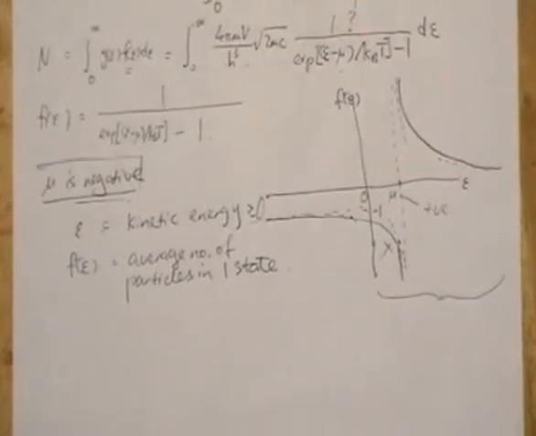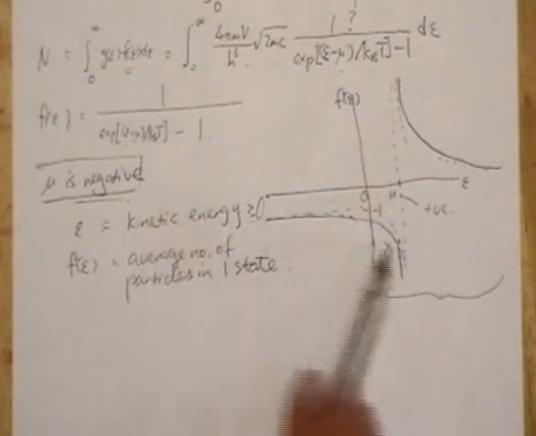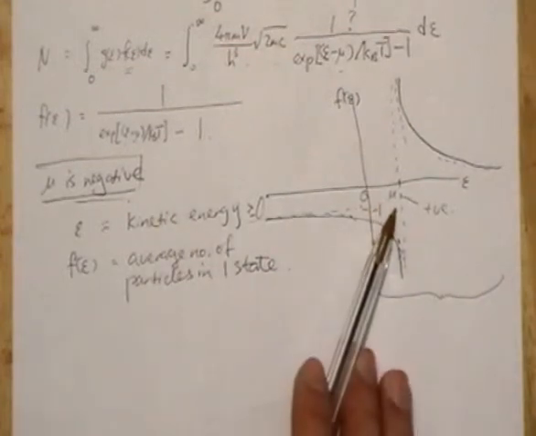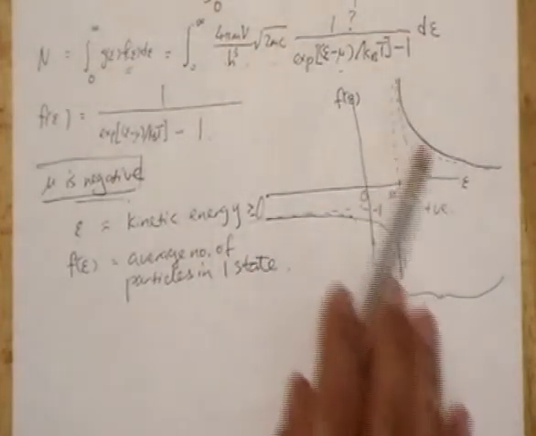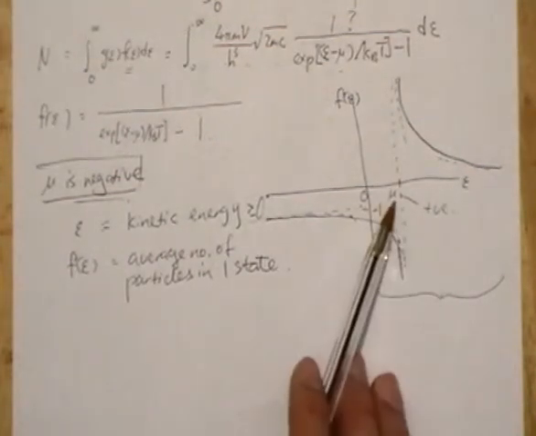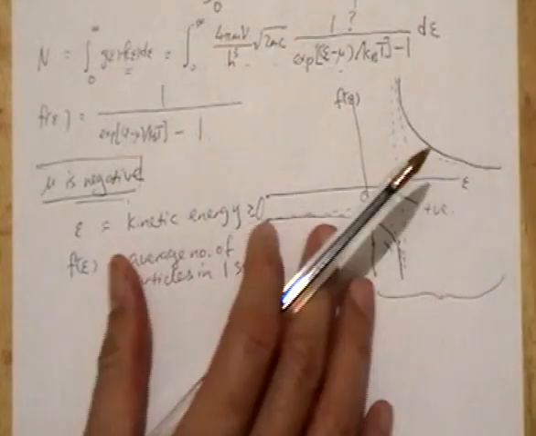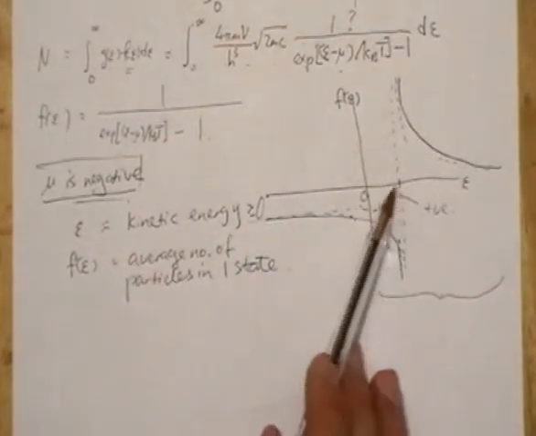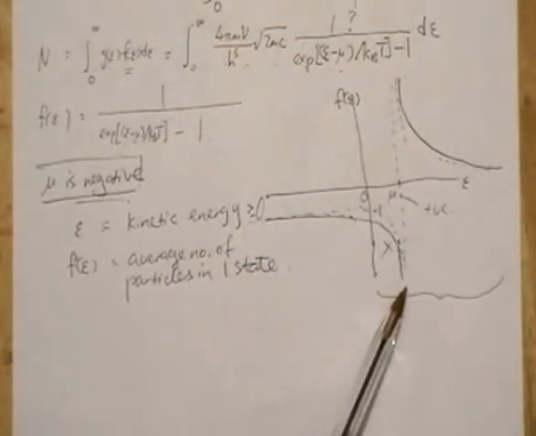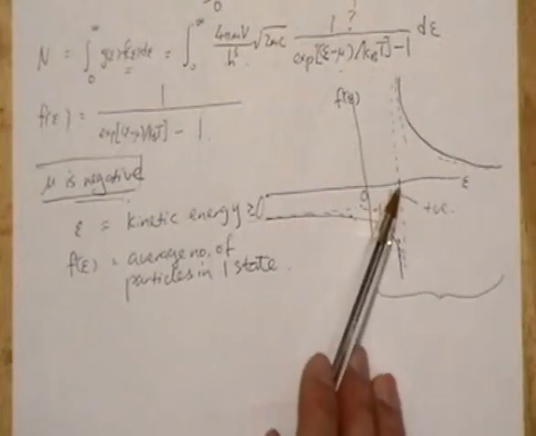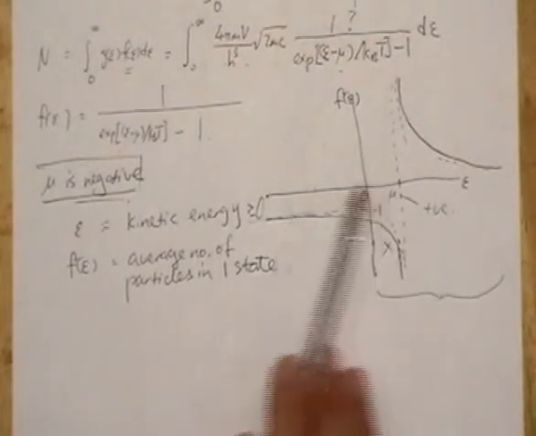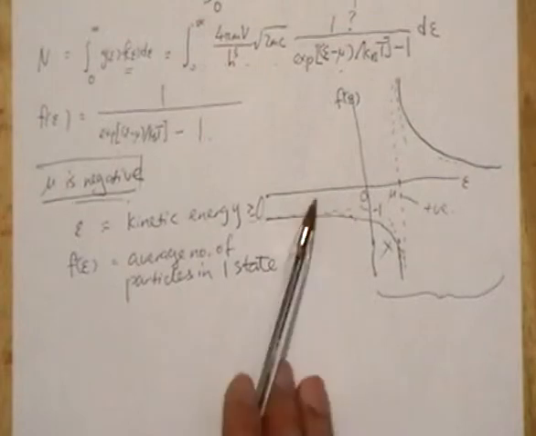Now let's look at what happens when mu is negative. The shape of the graph is the same. If mu is negative, it just means that the whole graph is shifted until this vertical asymptote through mu moves to the other side, to the left side of the graph.